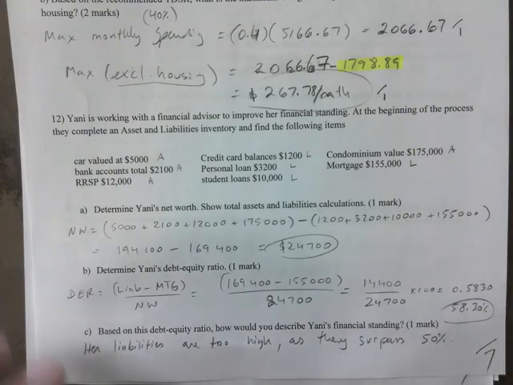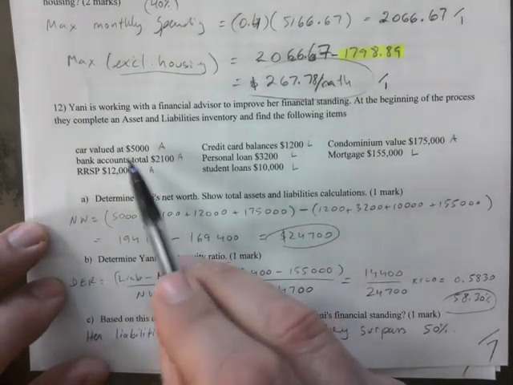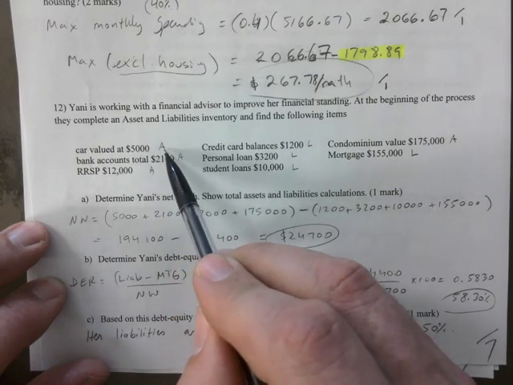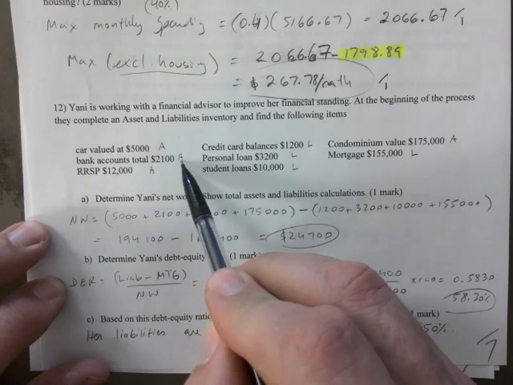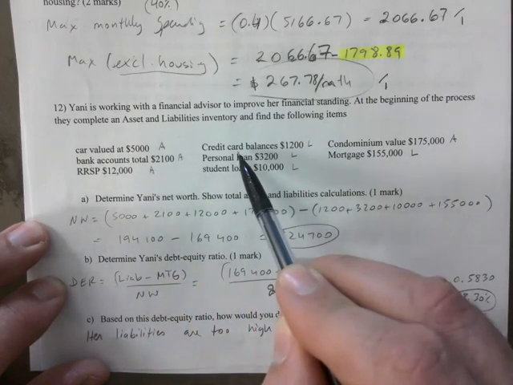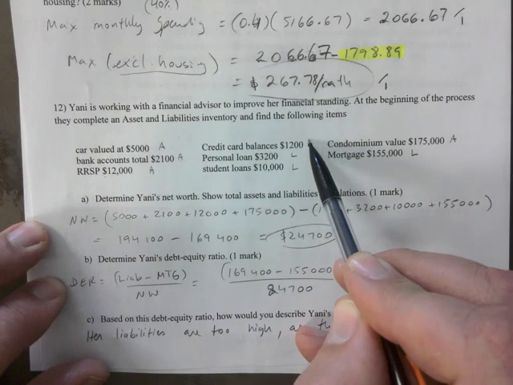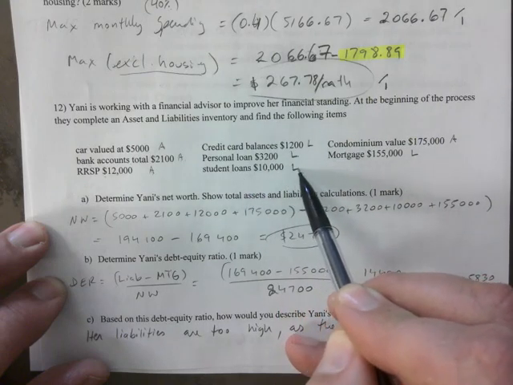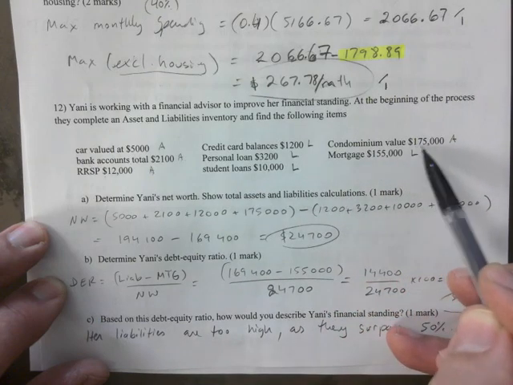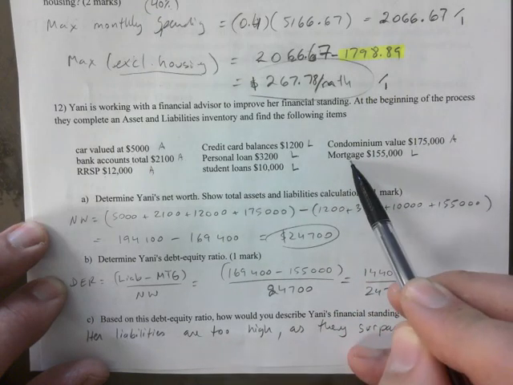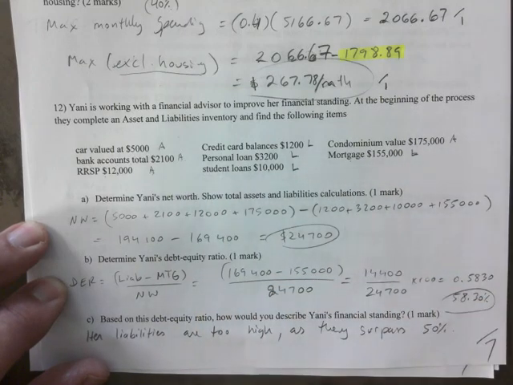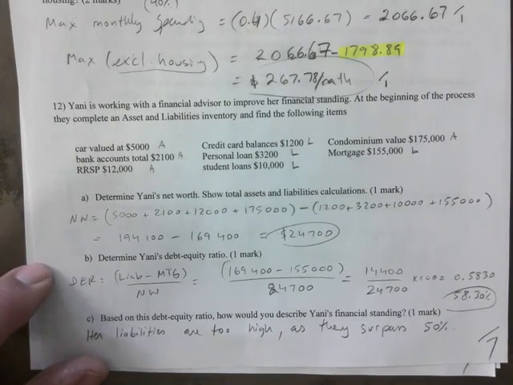In this particular case, everything that has an A on it is an asset. So a car valued at this much, a bank account, an RSP. Credit card balances, that means you owe, that's a liability. Personal loan, a liability. Student loans, liability. Condominium value, asset. The mortgage is what you owe on it, a liability. So you categorize everything into assets and liabilities.